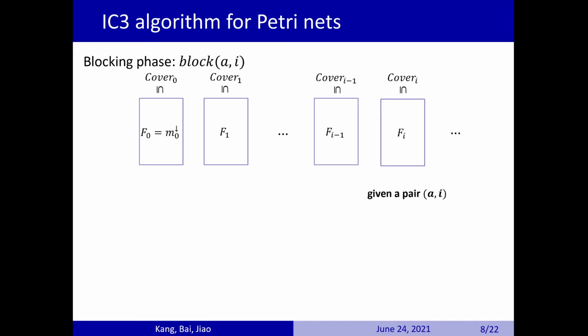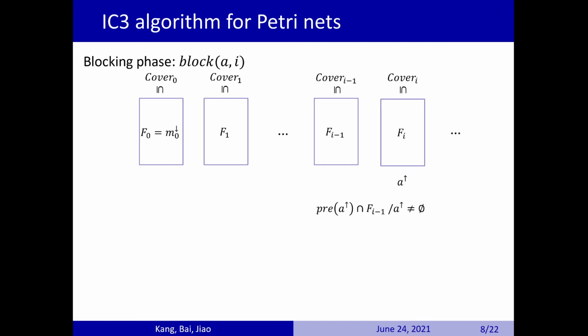Now, given a pair (A, i), we try to prove the upward closure of marking A is unreachable within i steps. We write A-up below Fi and try to find a predecessor of A-up in F(i-1). In other words, we try to check if this intersection is empty.